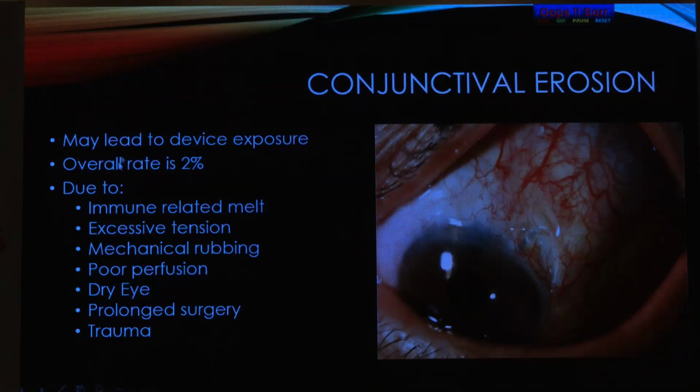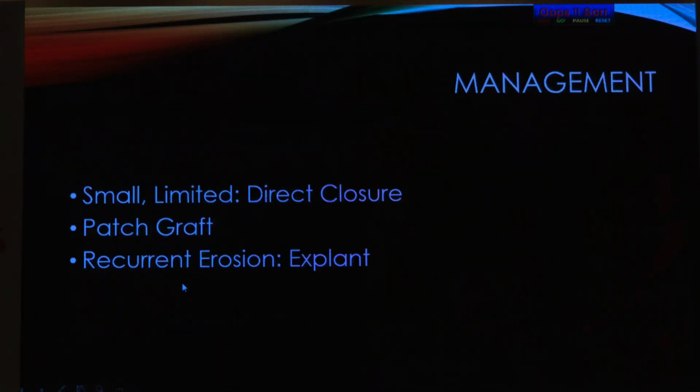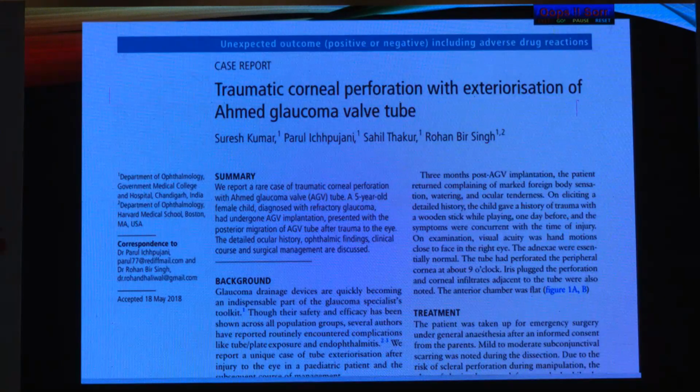Erosion is seen in overall 2% of patients, and several factors make erosion more likely. If it is small and limited, direct closure; if it is large, sometimes you have to put a patch graft, and recurrent erosion may require explantation of the implant.